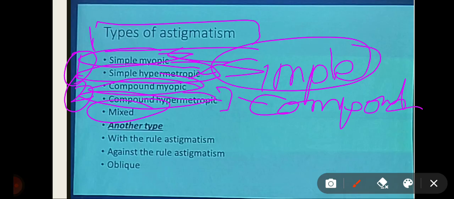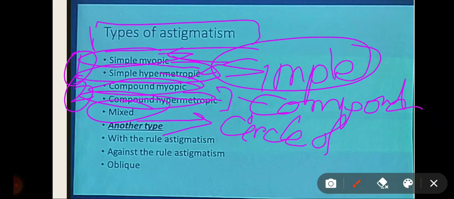Circle of least diffusion is formed in the retina. So, in mixed astigmatism, we can see the circle of least diffusion.